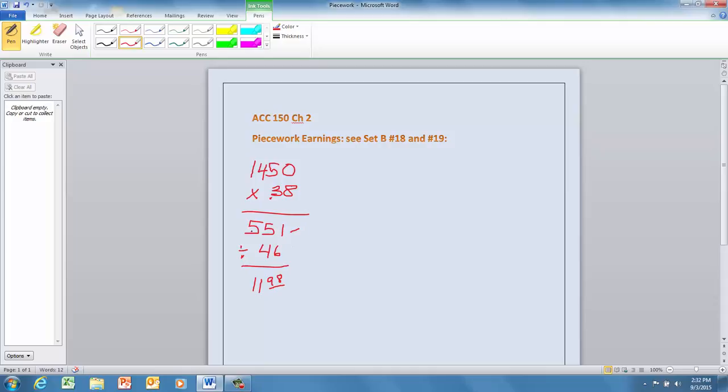If I want to know his premium rate of pay, I would take the $11.98 and multiply it not by time and a half, but just by 0.5, by half. And we would get $5.99. And that would be his overtime rate of pay.